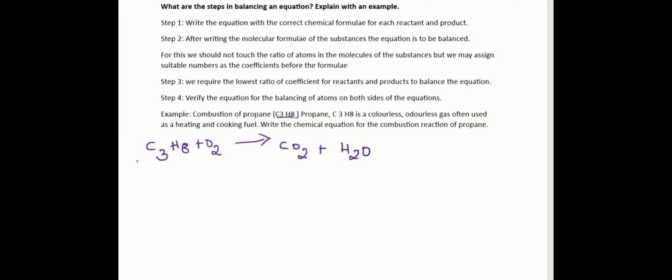Now let us try to balance this equation using that technique of writing metals, non-metals, halogens, hydrogen and oxygen. Here we do not have any metals. We have carbon, hydrogen and oxygen. On the LHS and the RHS, we are going to write them down first. On the LHS, carbon is 3 and on the product side we have only 1 carbon.